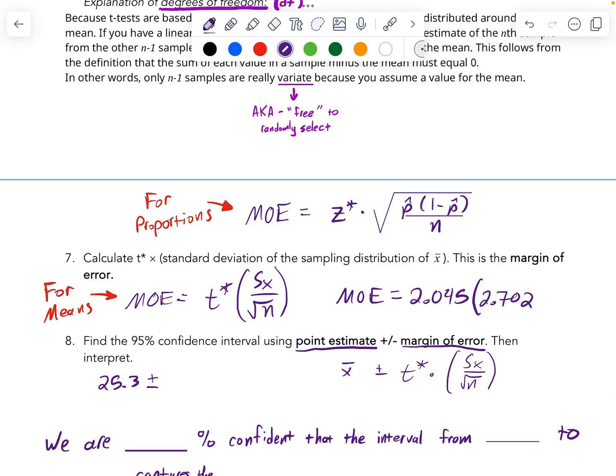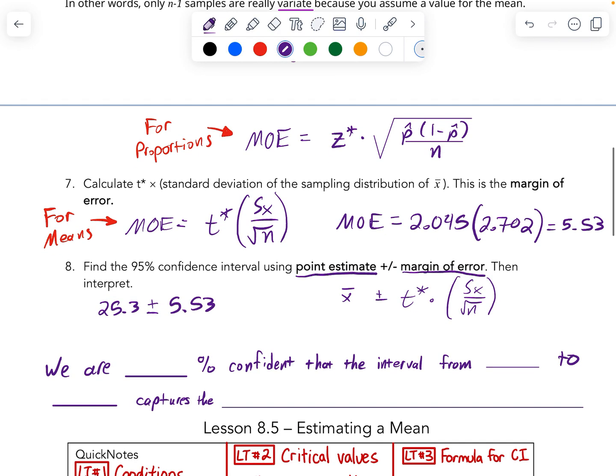2.702, which is, I'm just doing this on my handheld calculator here, 5.53. So that goes down here. That's my margin of error. If you're a visual person with your number lines, here's what we got. We know the middle is 25.3.